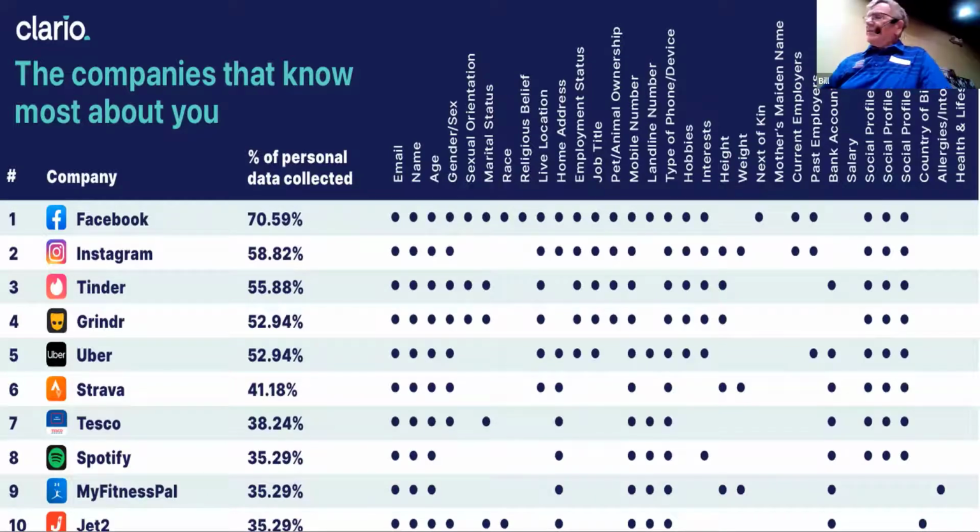And then they want your gender, sexual orientation, marital status, your race, your religious belief, hobbies, height, weight, next of kin. Look at the dots. This is the data they're collecting on us. It is kind of scary, right?